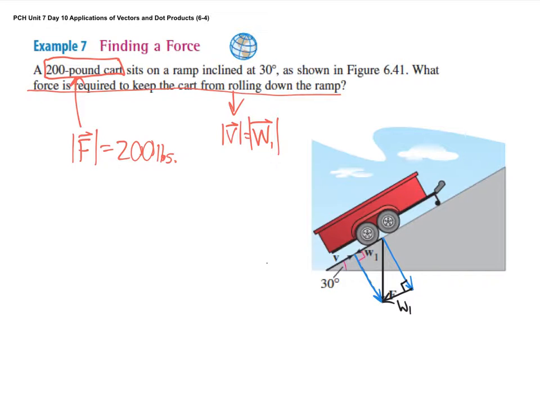Either right triangle can be used. The key though is getting the correct angle. If we have a 30-degree angle here, this is going to be 30. Okay, so that's our 30-degree angle. Inside one's 60, the other one's 60.